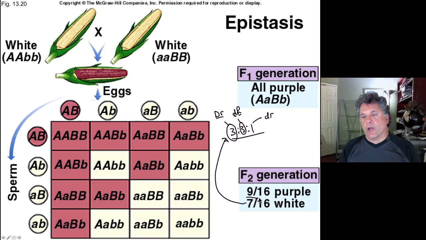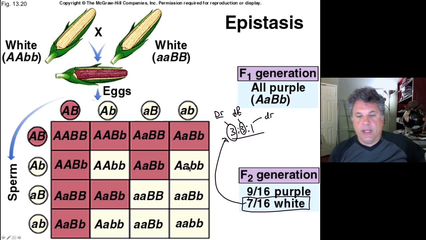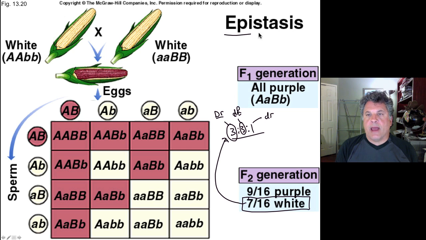So that's what's going on with these 7/16 white, is that they represent cases which, in a regular standard case that did not involve epistasis, three of these would have been dominant for A, let's say this one, and that one would have been dominant for A, and this one, and this one would have been dominant for B and recessive for A. And then, of course, we have our double recessive here.